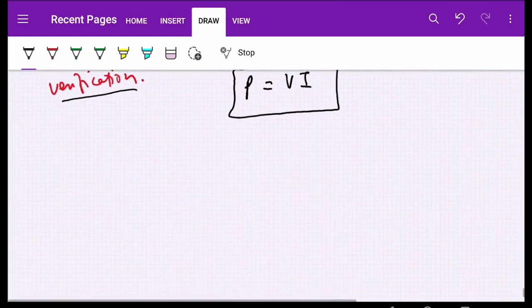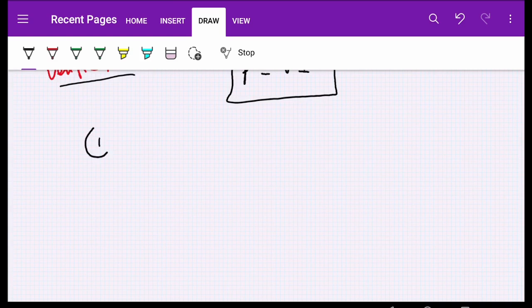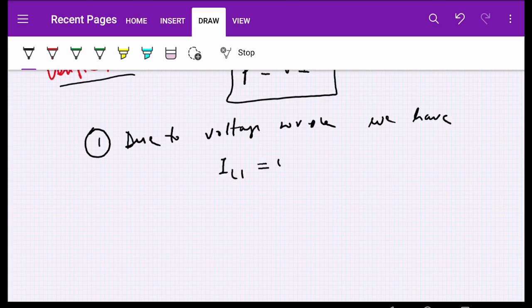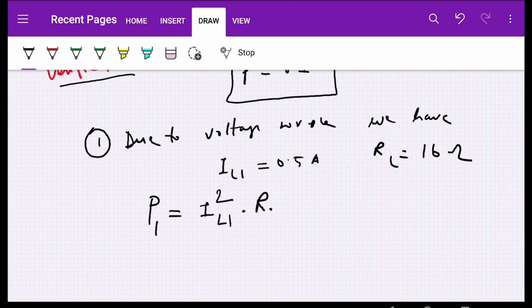So let's assume first, due to the voltage source, we had load current IL1 as 0.5 ampere, and our load resistance was 16 ohm. So what is the power dissipation in this case? Let's say this is P1. IL1 squared into RL, 0.5 squared into 16 ohm.